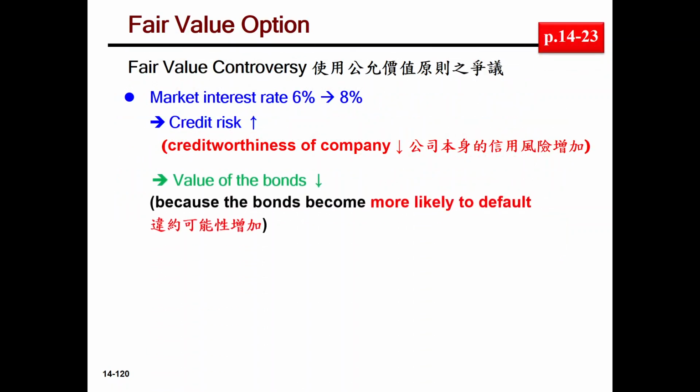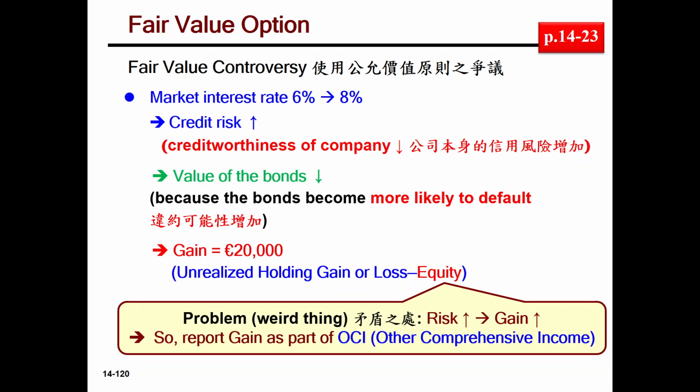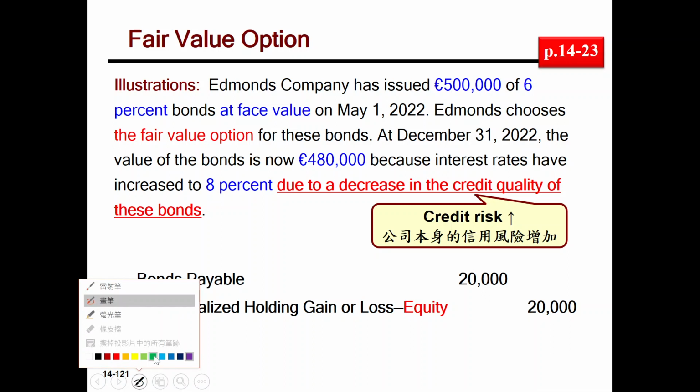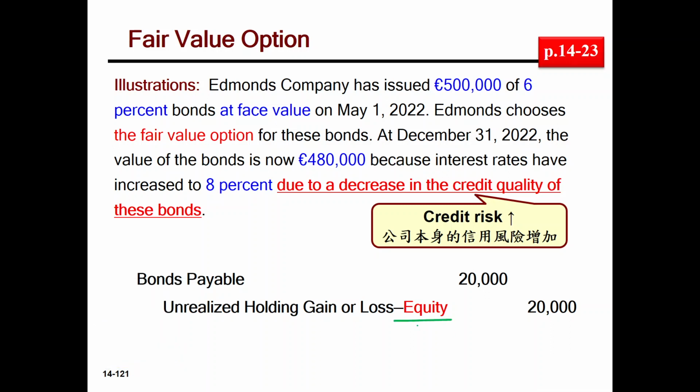So we put it into another place, where we use dash equity. On your slide 121, same journal entries, but we will use dash equity. This tells you which place you could put the gain in. So it means it's not part of net income.